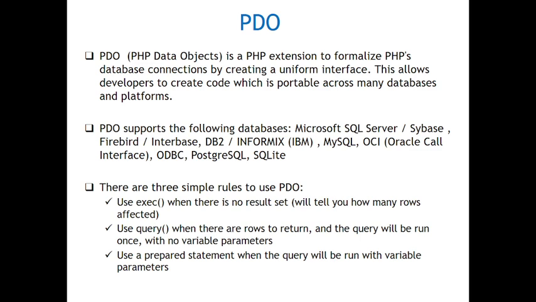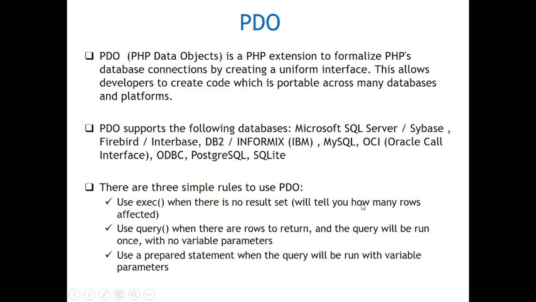PDO supports this many databases, so you don't need to make more changes in your program. So what method will you use? Use exec and execute. If there is no output, use this one.